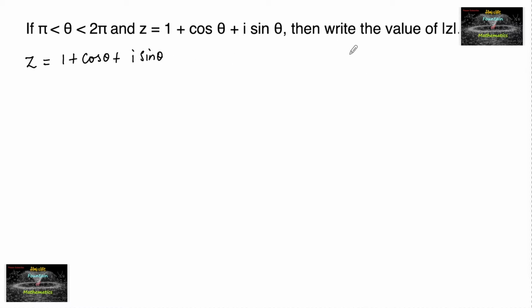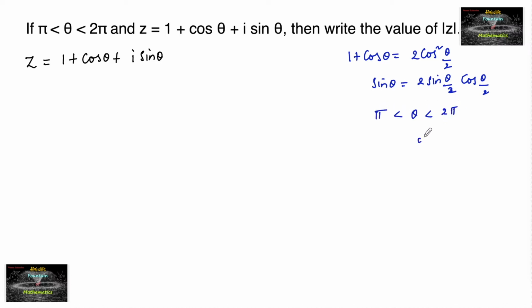Since we know that 1 plus cos theta is equal to 2 cos square theta by 2, and sin theta is equal to 2 sin theta by 2 cos theta by 2. And here theta lies between pi and 2 pi, so theta by 2 lies between pi by 2 and pi, it's in the second quadrant.